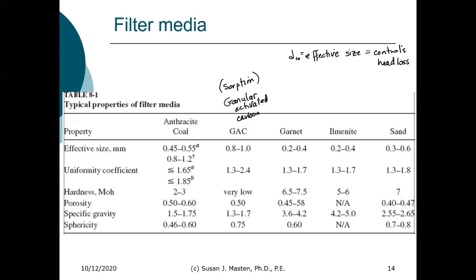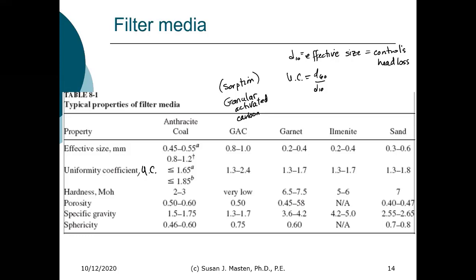The uniformity coefficient, we refer to it as UC, is equal to D60 divided by D10. So D60 is the sieve size for which 60%, and it's a cumulative, 60% of those particles pass, divided by D10. That is our uniformity coefficient.